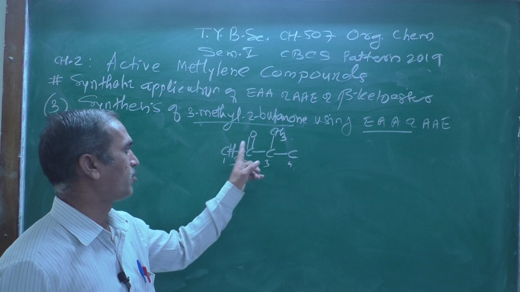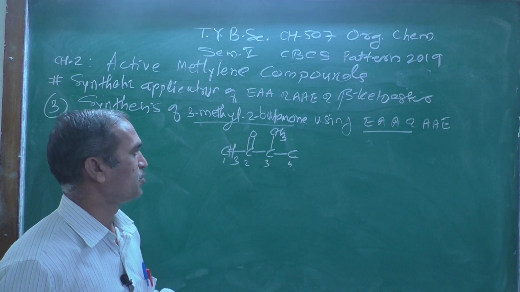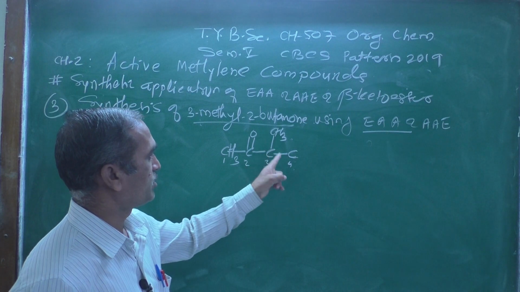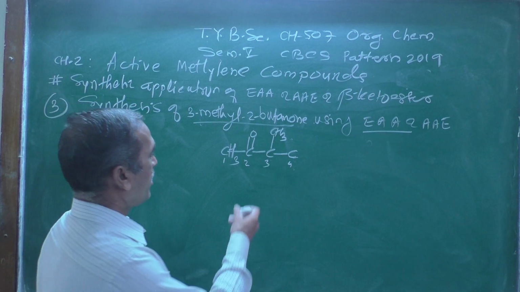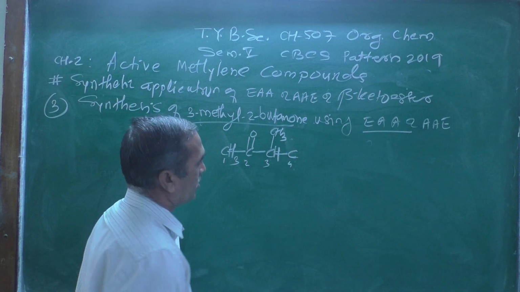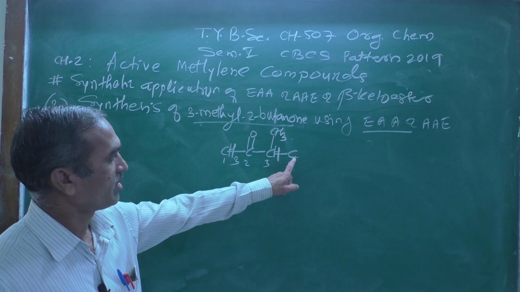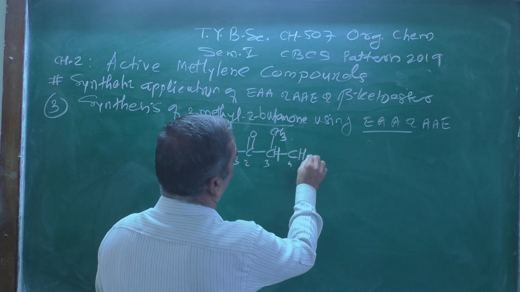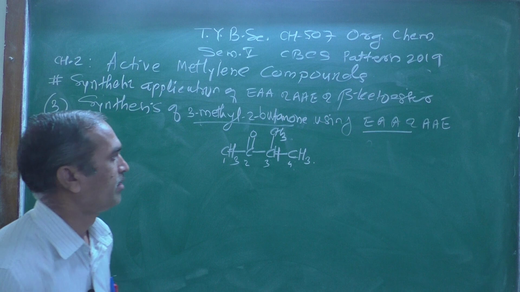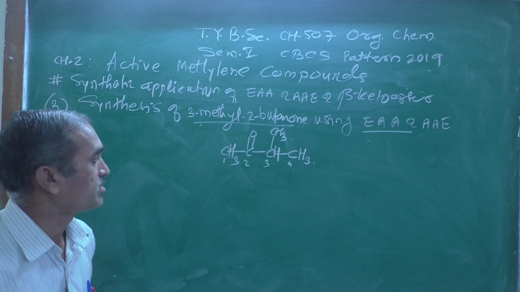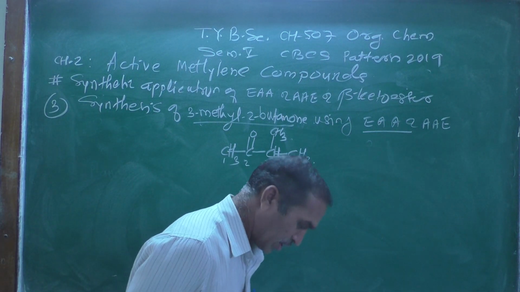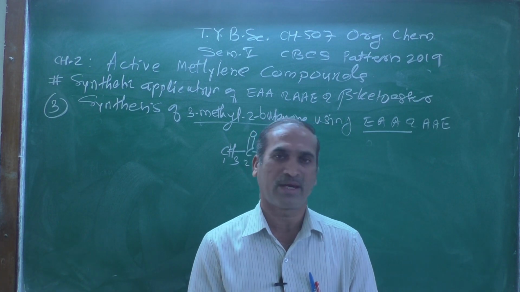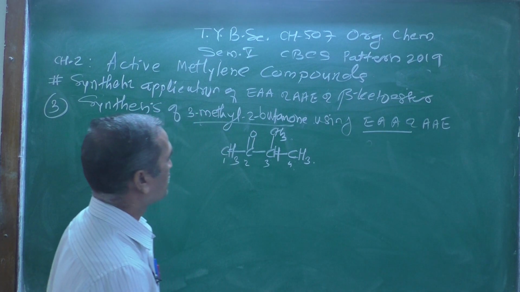This carbon atom already has 4 bonds, so there is no need to attach hydrogen here. Here 3 bonds are there, so you attach 1 hydrogen, and this terminal carbon atom is a CH3. Now look, this is our target molecule, and as I already told you, the molecule whose synthesis is being planned is called the target molecule.